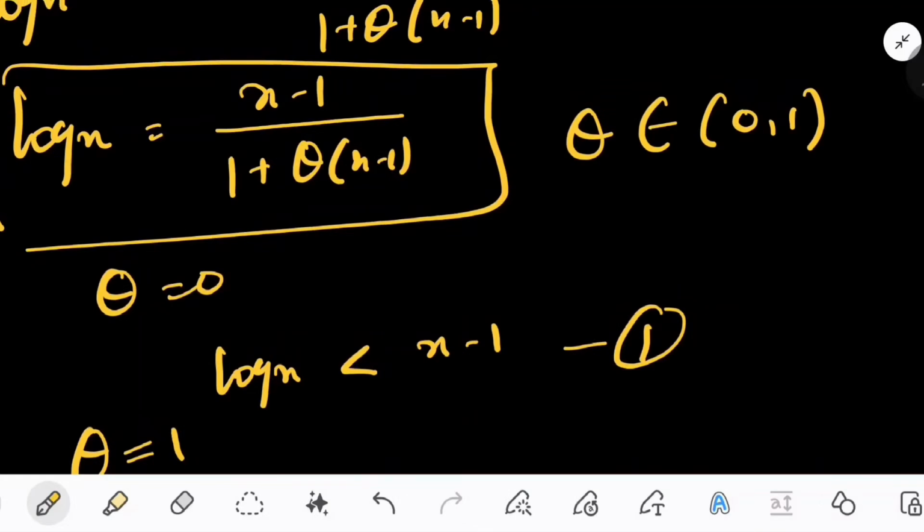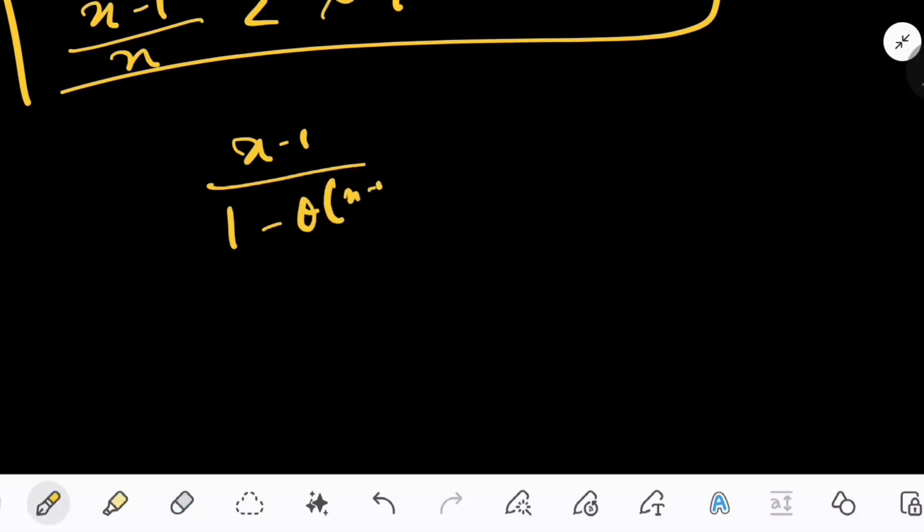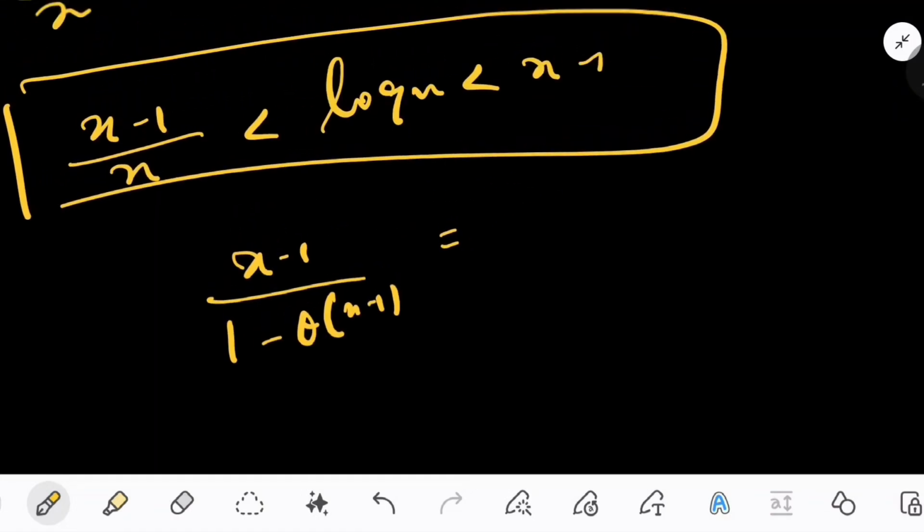And just notice, if you had a negative sign, you would have got x minus 1 by 1 minus theta of x minus 1 instead of 1 plus.